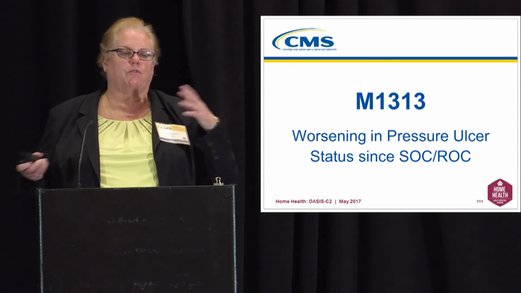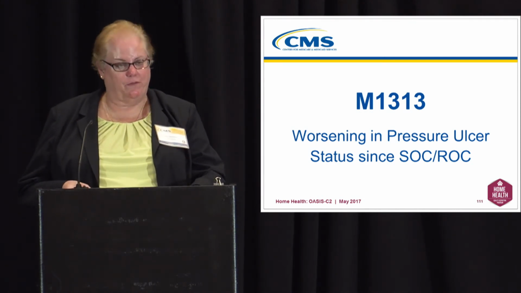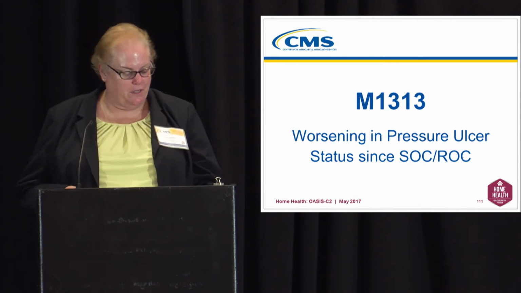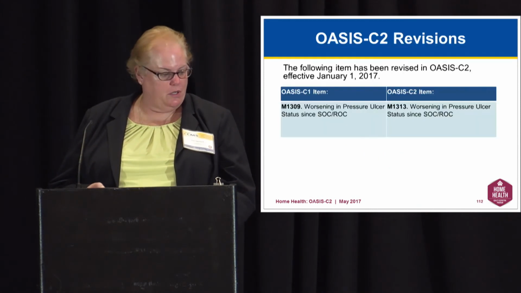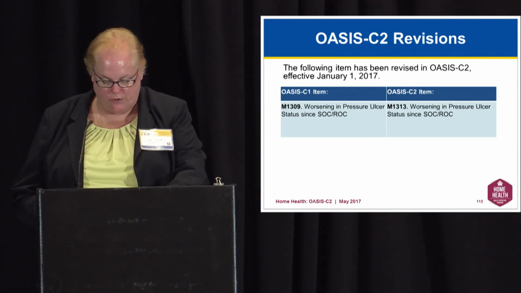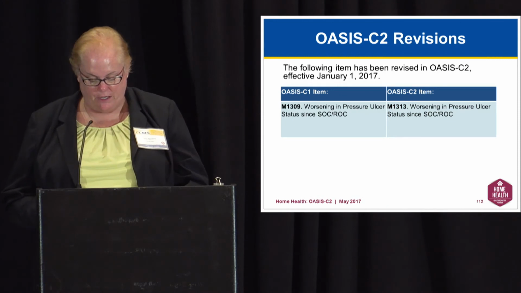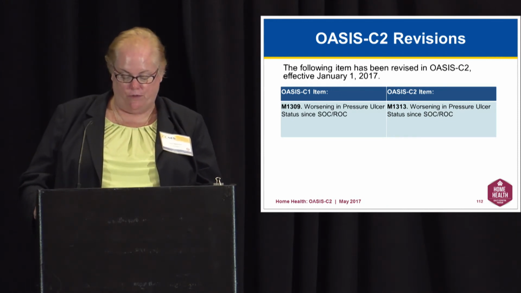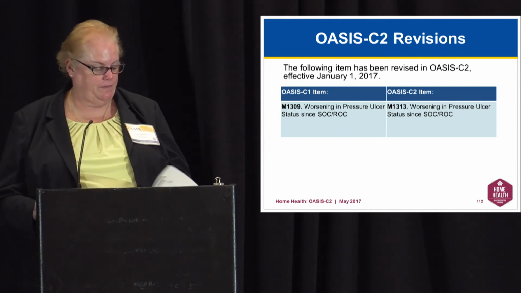And you'll see where there's crossover with these, because we've kind of done the A1s all the way through, and then the A2s. So in C1, M1309 was worsening in pressure ulcer status since the SOC/ROC, and that's the same in C2, but the item number has changed, from 1309 to 1313.